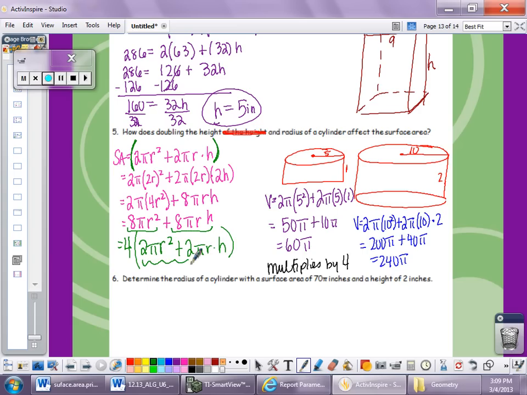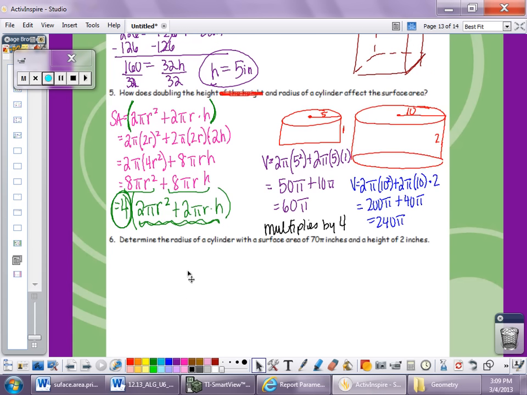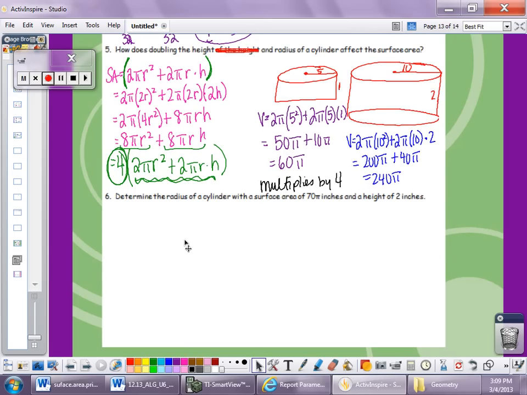And this is the original surface area formula, and I've multiplied it by 4, so it multiplies by 4. So that's how you would do it algebraically. And the last one here on this page. Determine the radius of a cylinder with a surface area of 70 pi inches squared and a height of 2.